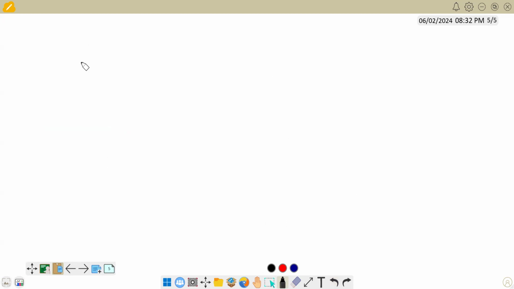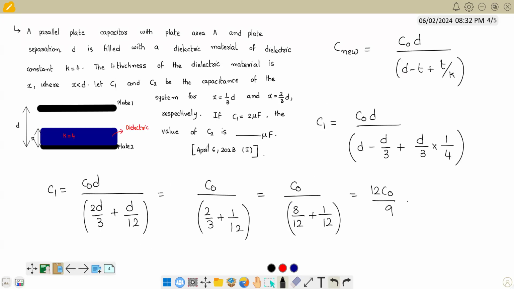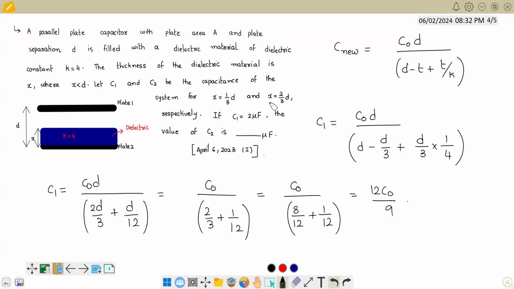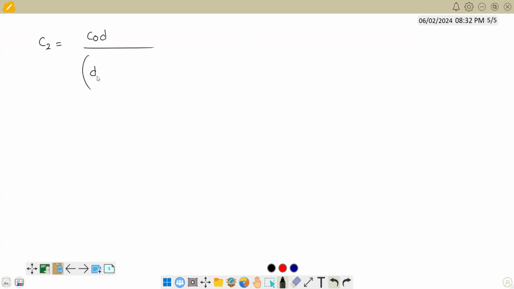Similarly, let us find the value of C2. It is the same thing, C naught into D divided by, but this time the dielectric is filled to a thickness of 2D by 3. So we get D minus 2D by 3 plus 2D by 3 into 1 by 4.